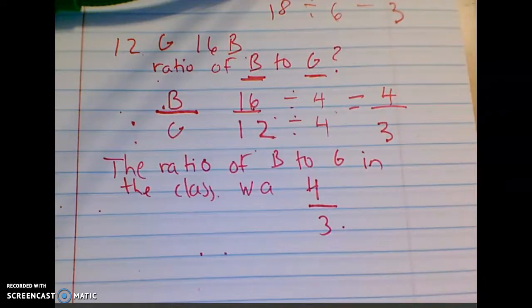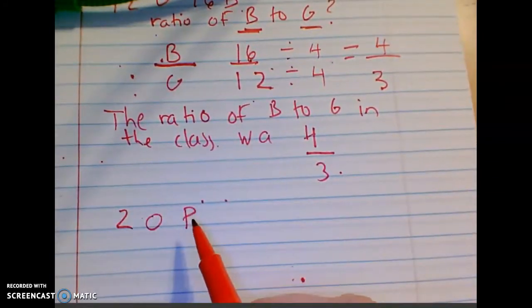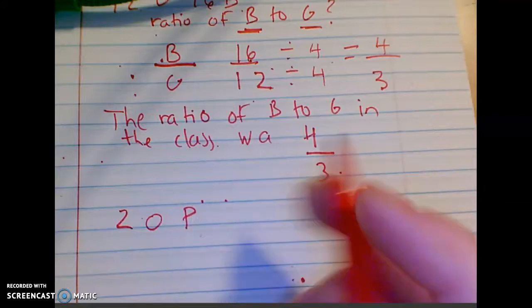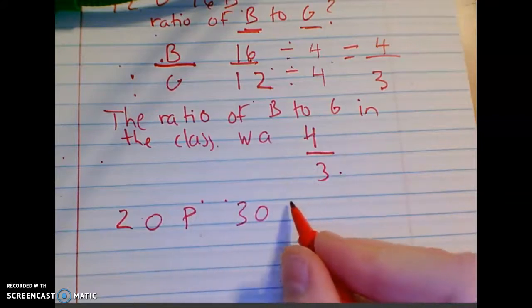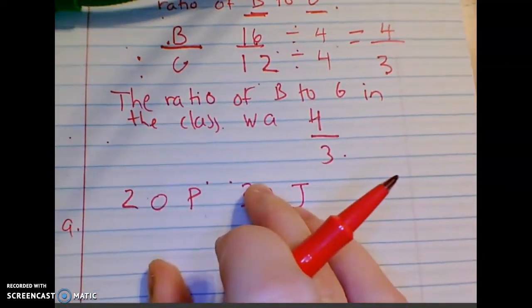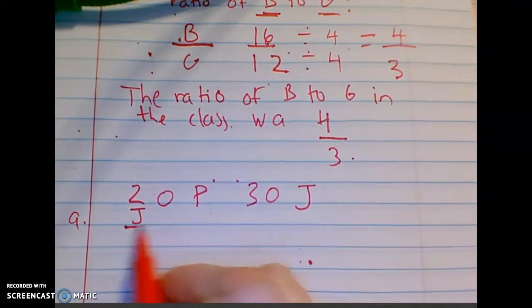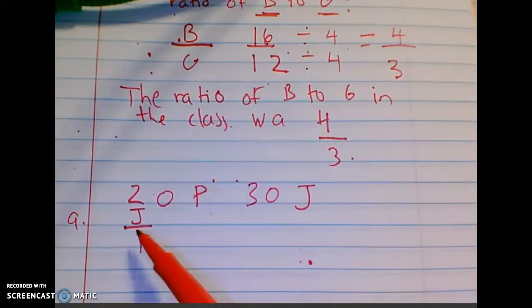Okay, so for the lesson practice, there were 20 prairie dogs. We'll do a P for prairie dogs. And 30 jackrabbits. A jackrabbit is a real animal, by the way. For A, we need the ratio of jackrabbits to prairie dogs. So remember, whatever they give you first is going to be your numerator.